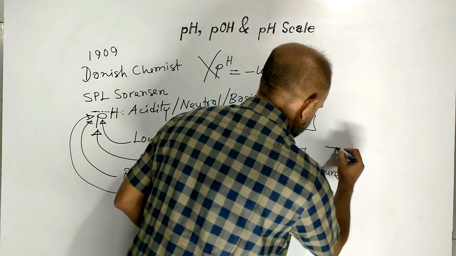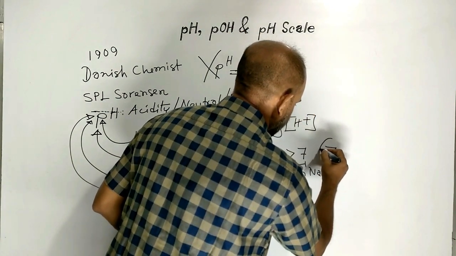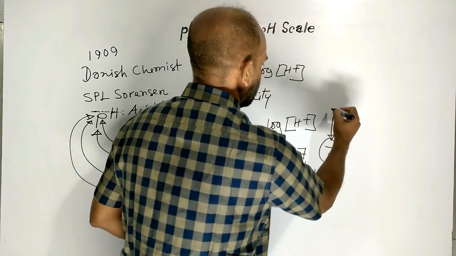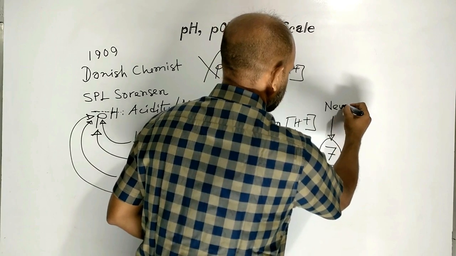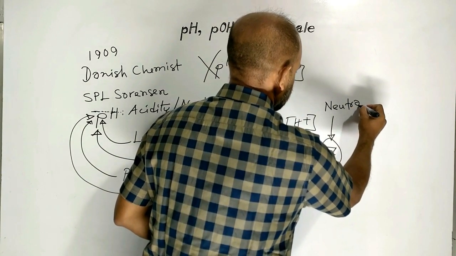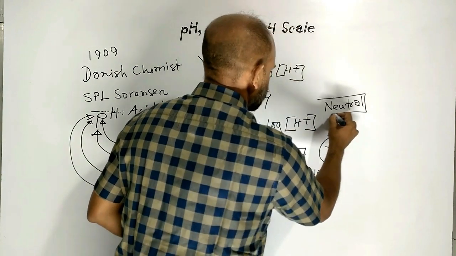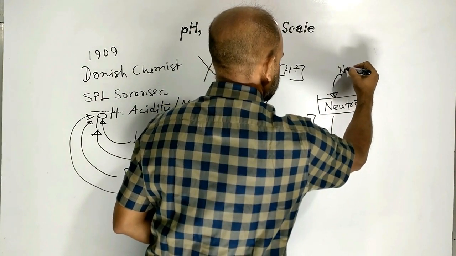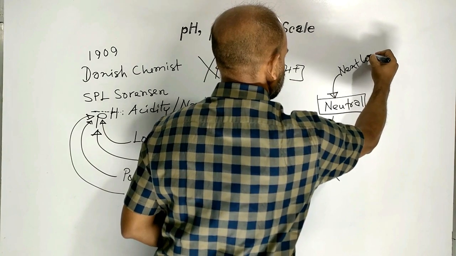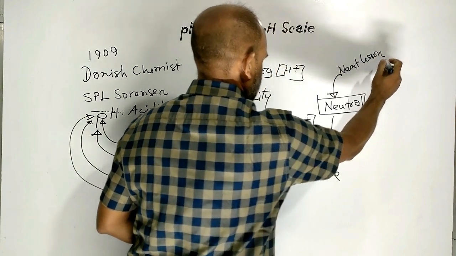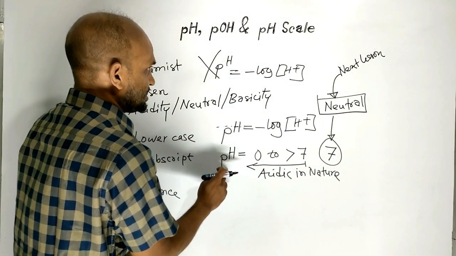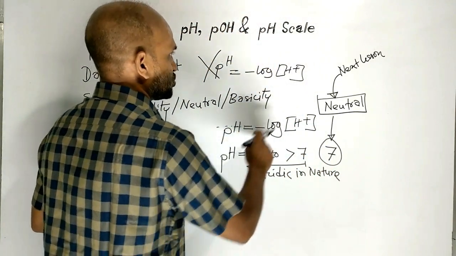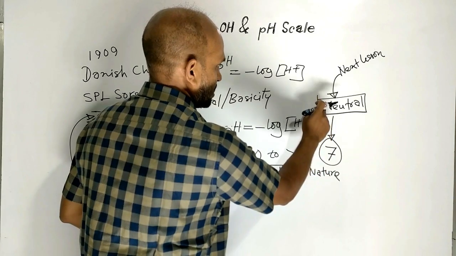But when its value is 7, then the solution will be neutral. It has been discussed in detail in the next lesson. When pH value is 7, the substance will be neutral.